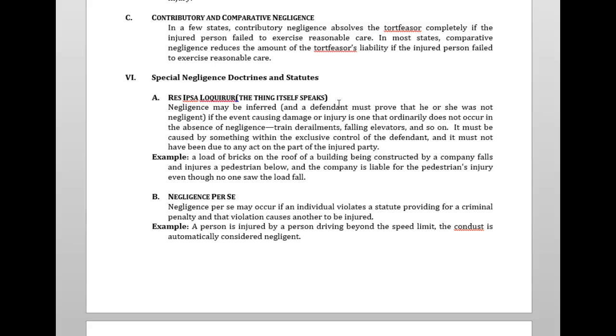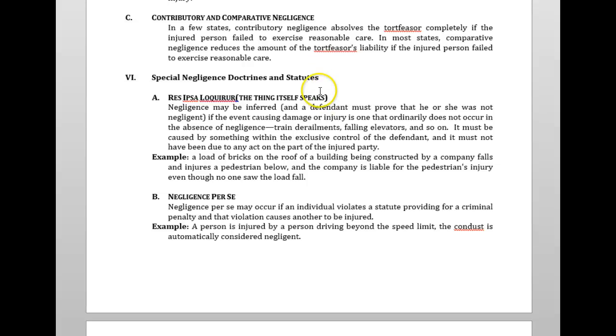An example of this: if a load of bricks falls off the roof of a building being constructed by a company and injures a pedestrian, the company is liable for the pedestrian's injuries, even though nobody saw the load fall and nobody knew who was responsible for it.